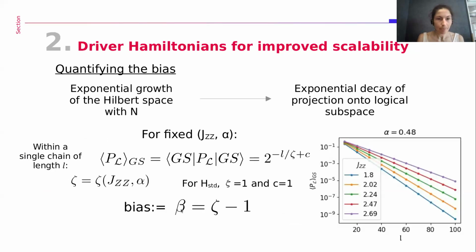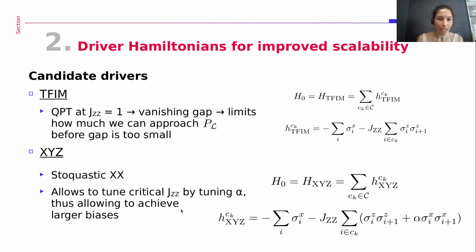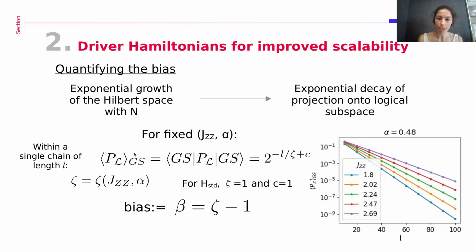All right. So how can we try to quantify this? As the Hilbert space grows exponentially, the projection onto the logical subspace will decrease exponentially. So we can write this down like this, and you see that this corresponds very well with numerical simulations. These are DMRG calculations for the different n's that you have here, of course.